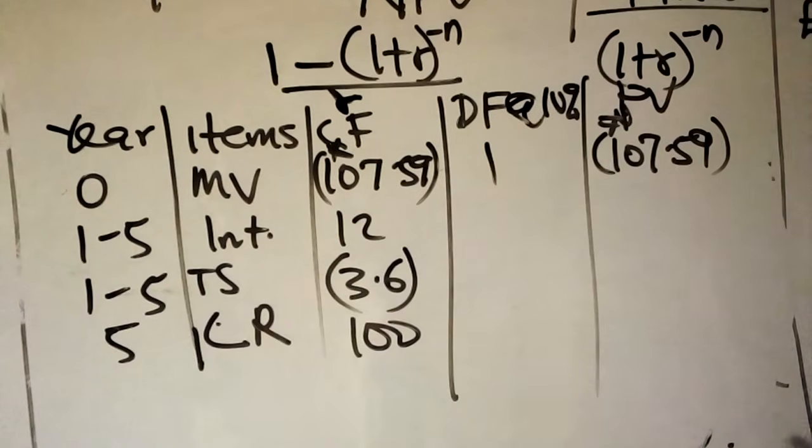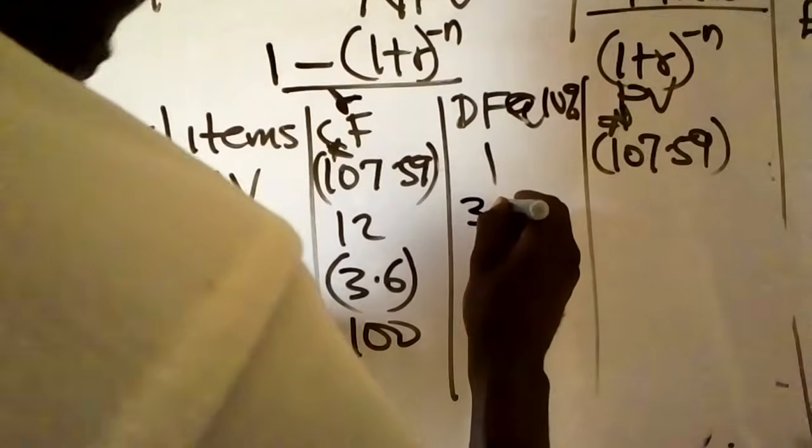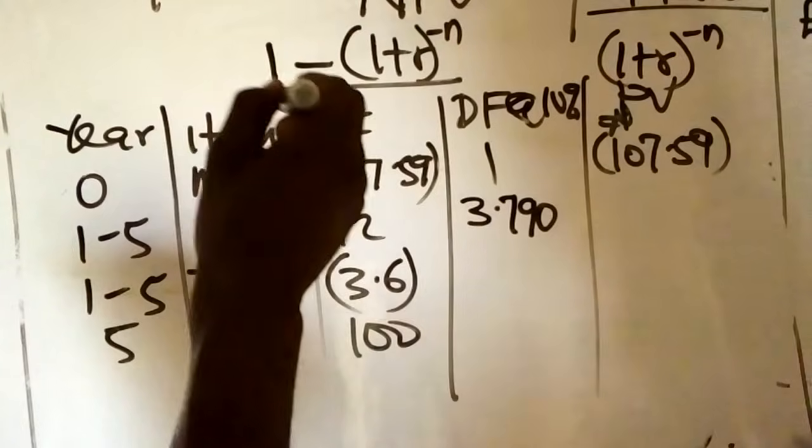This to power minus 5, minus 1, divided by 0.1. Then we have 3.7908.